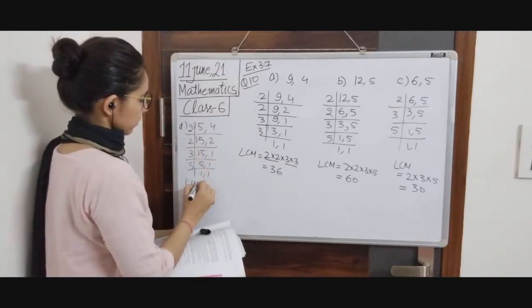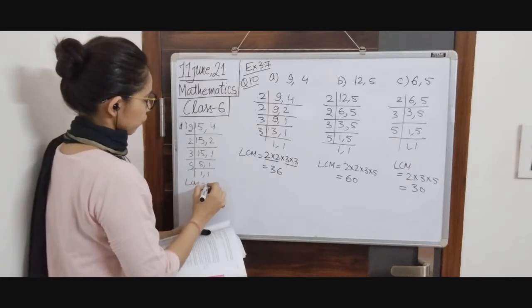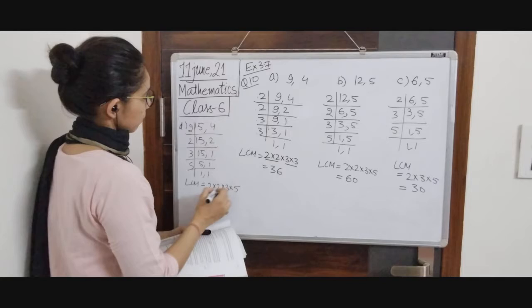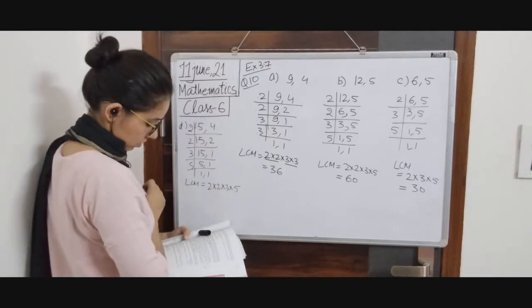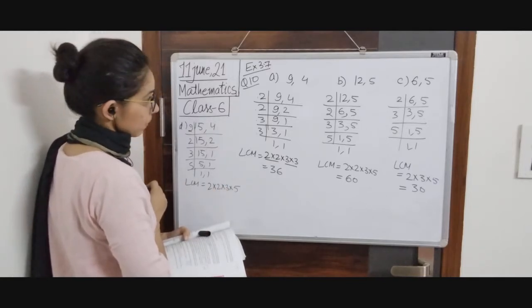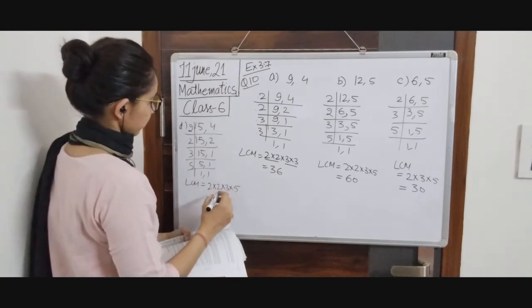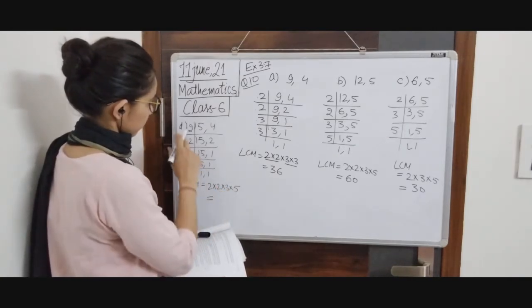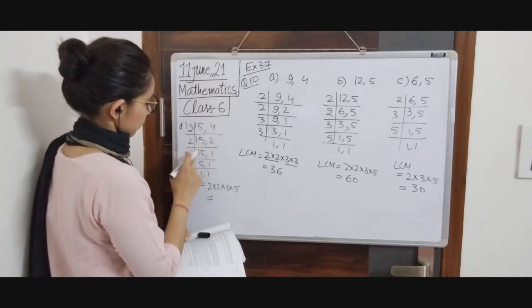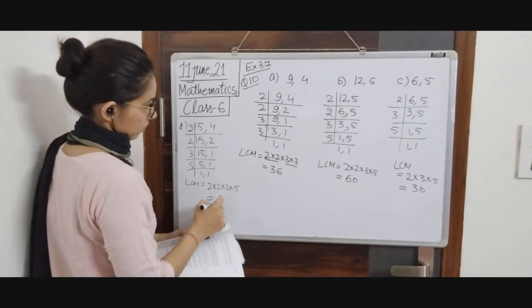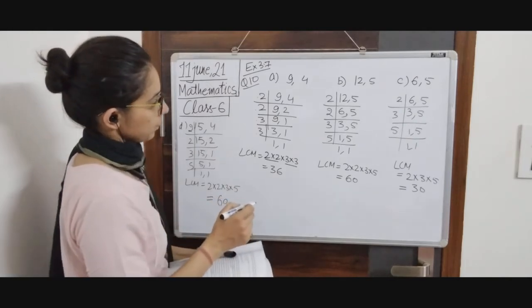So LCM for these two numbers 15 and 4 will be 2 into 2 into 3 into 5. It is going to be 60.